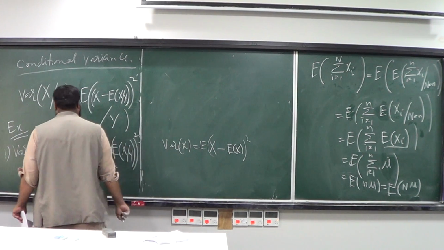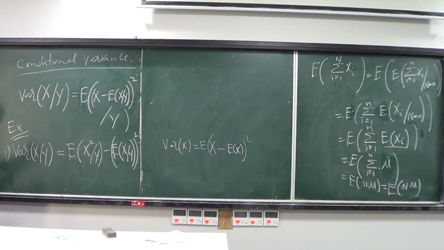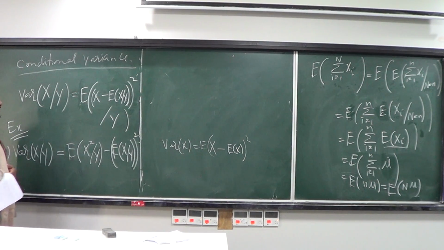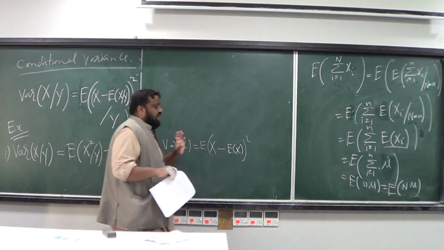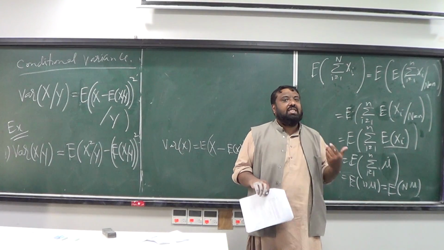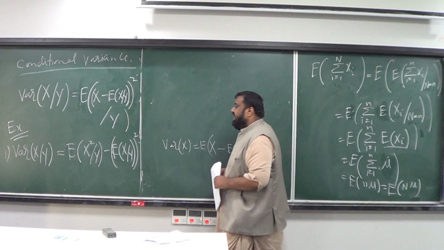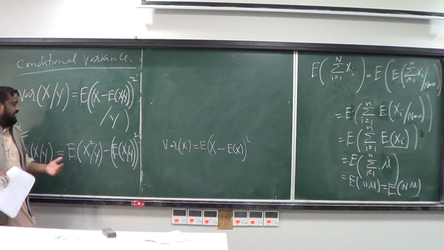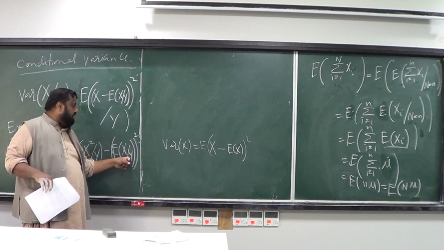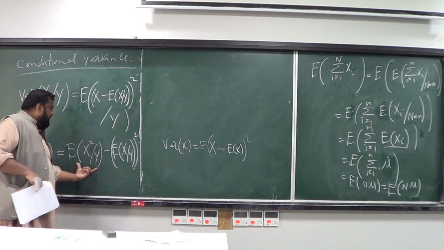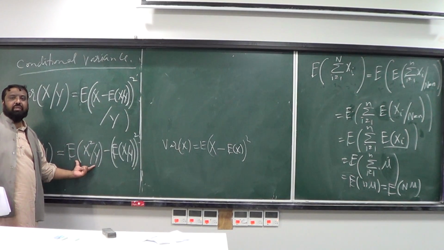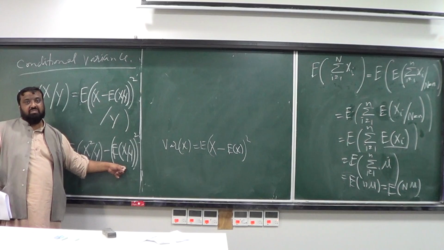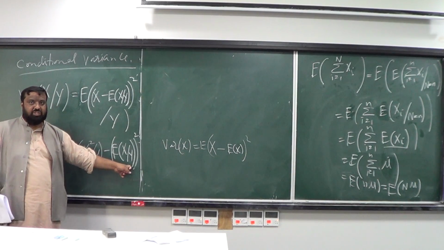So it is very much analogous to our intuition. As the conditional expectation is a random variable, the variance of x given y is also a random variable. Why? Because this is a random quantity, a random variable with respect to y, and this is also a conditional expectation, so this is a random variable. The variance of x given y is the difference of these two random variables.